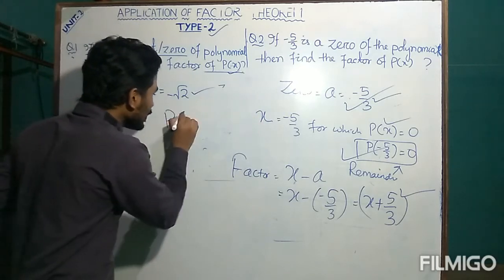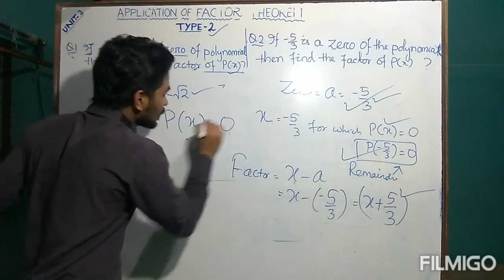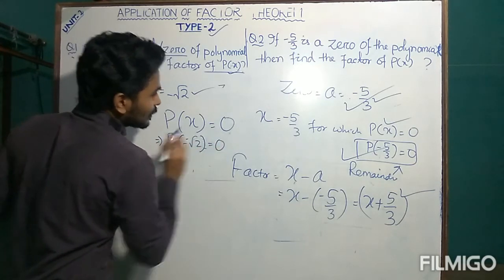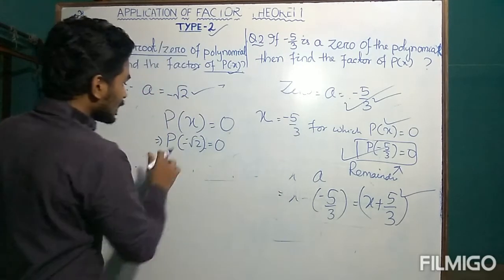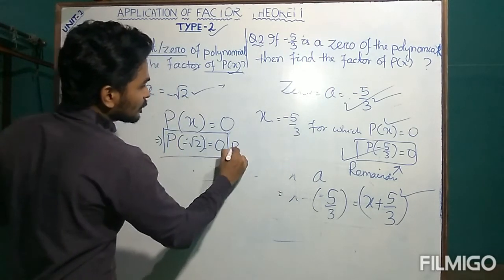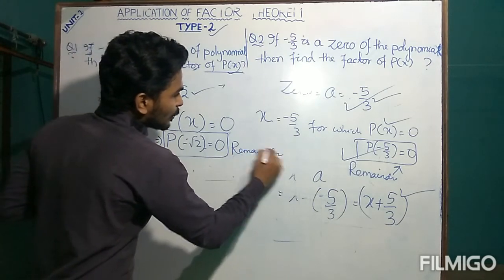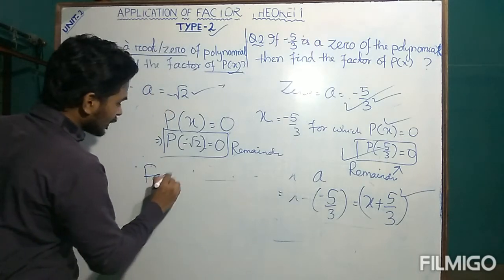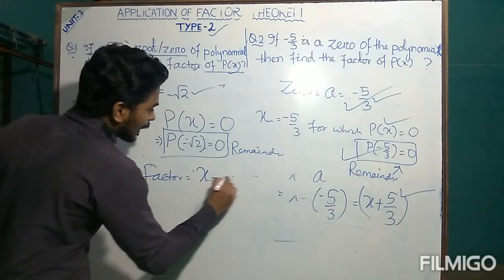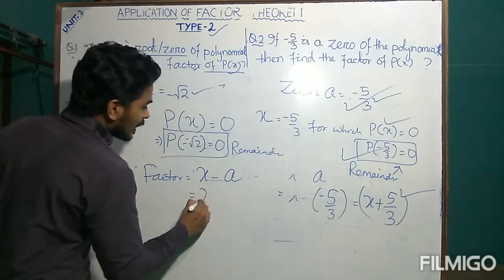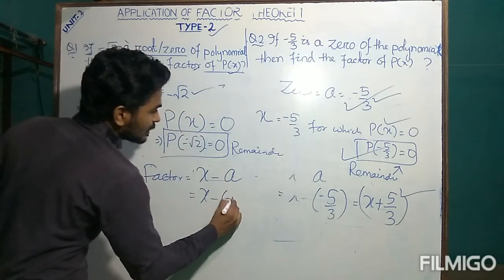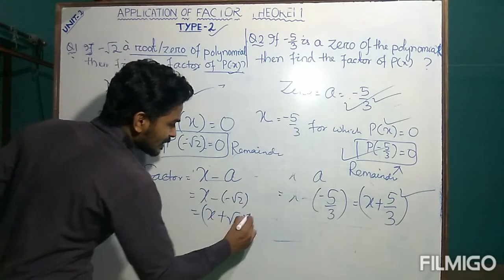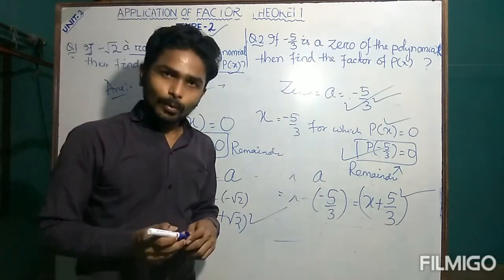That means P of minus root 2 is equal to 0. So it is nothing but the remainder is equal to 0. And we know if the remainder is equal to 0, then the factor is x minus a, and here the value of a is minus root 2. So it is written as minus plus, hence the factor is x plus root 2.